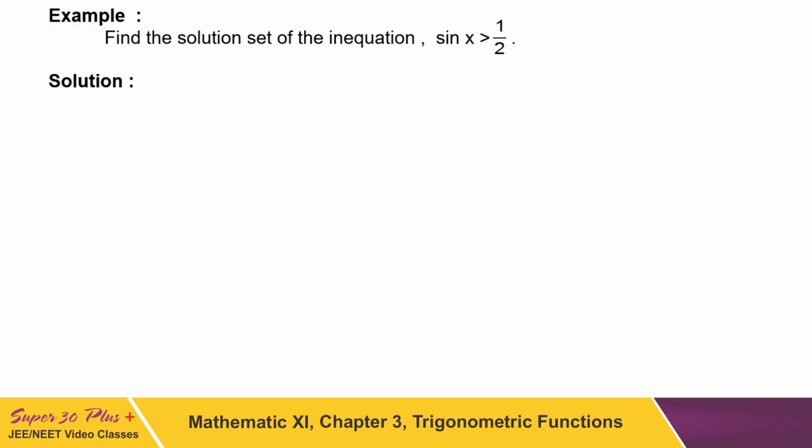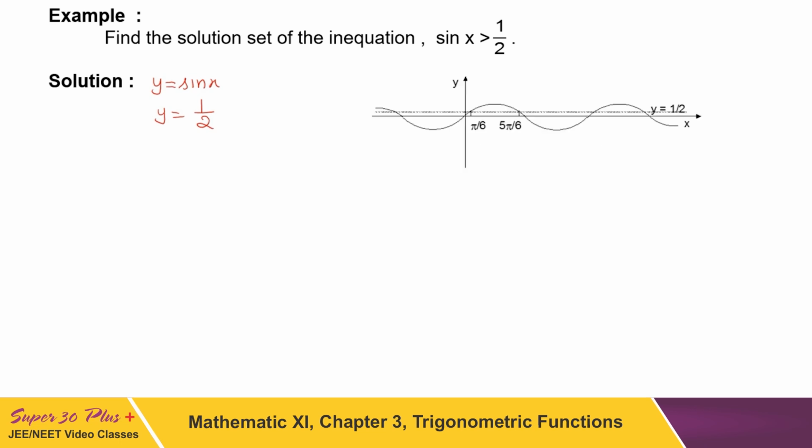Students, let's see one more example. Find the solution set of the inequation sin x greater than 1 by 2. To solve this, we have to draw the graph of y is equal to sin x and y is equal to half and find the intersection points of the graph and then the region where sin x is greater than 1 by 2.